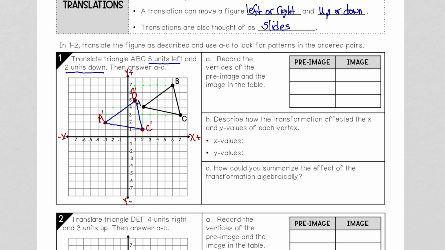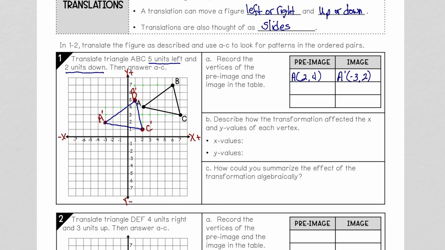All right, let's record the vertices. So A was at 2, 4. And the prime coordinates, A prime is at -3, +2.